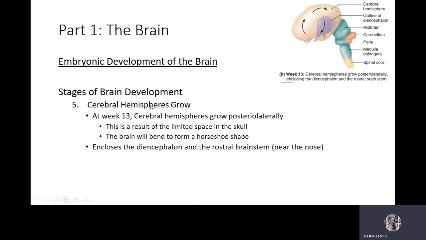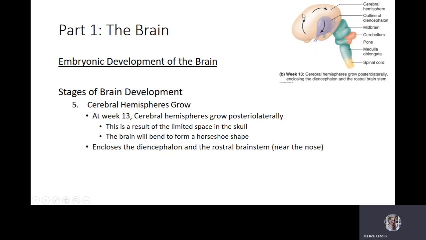as the brain grows. And around week 3, what will happen is the telencephalon will start to grow and form the cerebral hemispheres of the brain. So the two top sides of the brain. And this will grow in a posterior and lateral direction. And as it does, it will actually follow the shape of the skull and loop around. So it'll grow outwards.